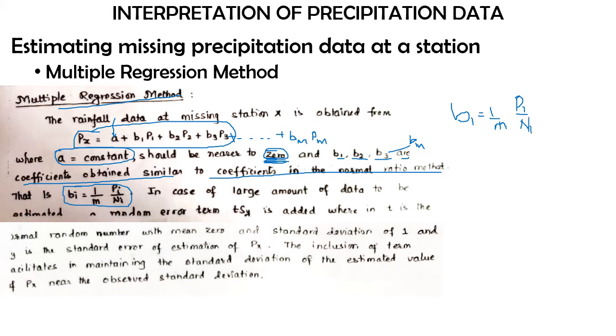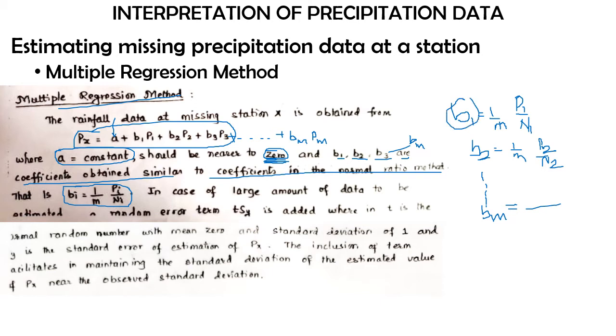Similarly, B2 will be equal to 1 by m, again this is going to remain the same, into P2 by N2. So like this, you are going to go on calculating the value of B up till the m-th part.